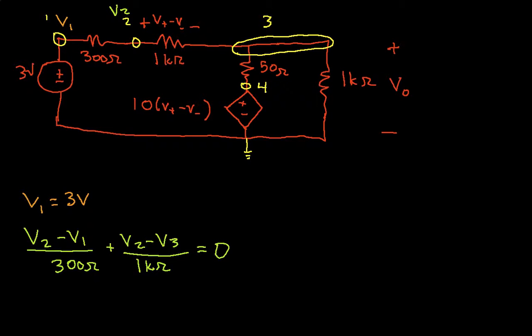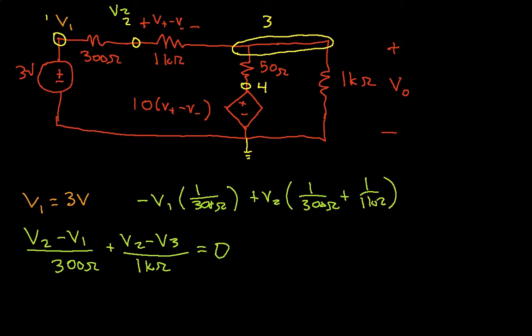Okay, and we can then simplify this as minus V1 times 1 over 300 ohms plus V2 times (1 over 300 ohms plus 1 over 1K ohm) minus V3 times 1 over 1K ohm is equal to 0. Okay, so that's our second equation.